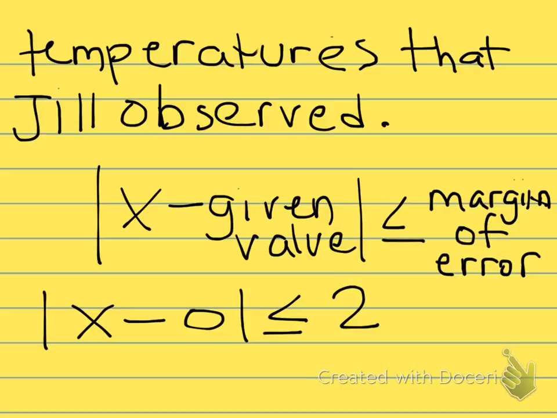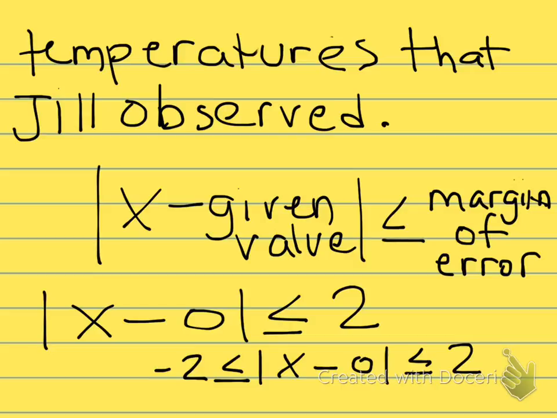Now this is a less than symbol, so we need to split this up into an and inequality. So it's going to look like this, and then on the other side we flip the symbol and we add the opposite sign to the 2. And we're going to solve this.